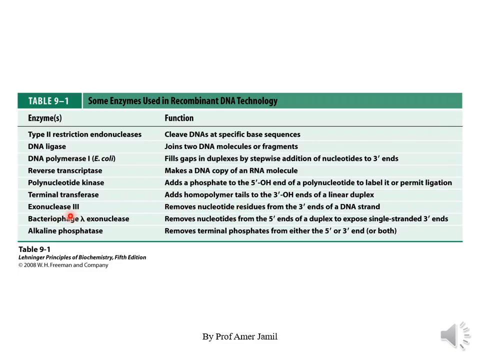Then exonuclease III and bacteriophage lambda exonuclease help remove nucleotide residues from the 3' end and from the 5' end. They have some special function that I will discuss shortly. Alkaline phosphatase removes terminal phosphates from the 5' or 3' ends or both of these ends, and it also has an important function in preparation of the vector.